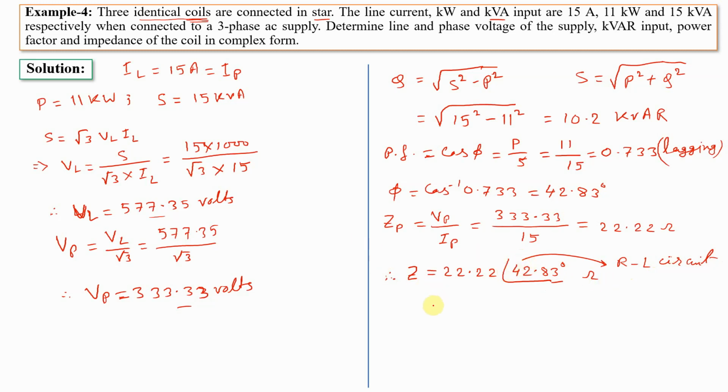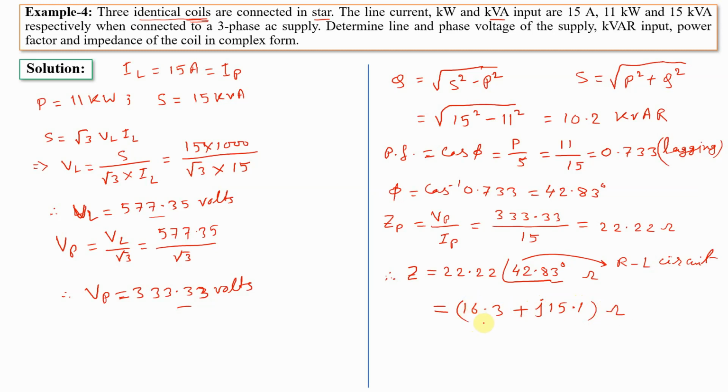And now if we want to convert it to the rectangular format, it will be 16.3 plus j15.1 ohms.